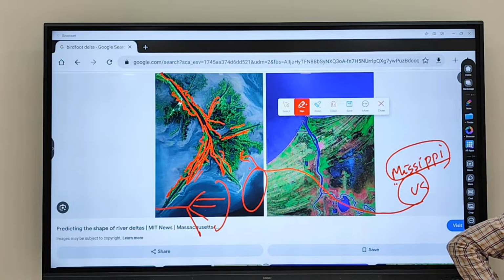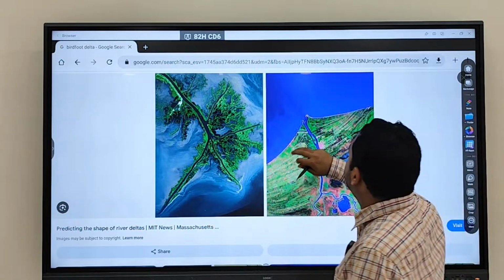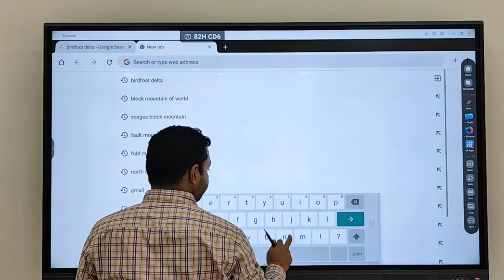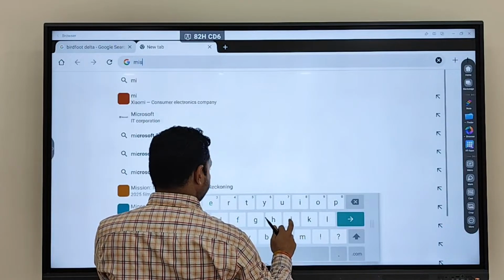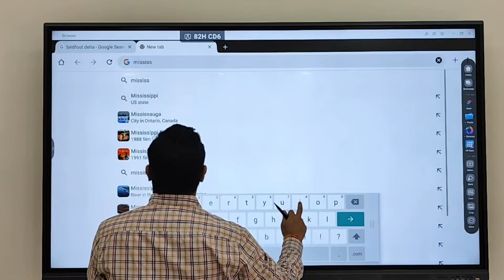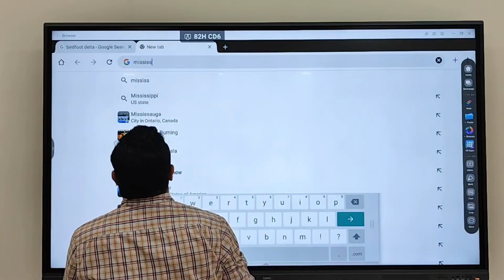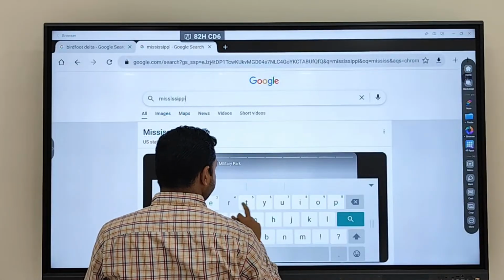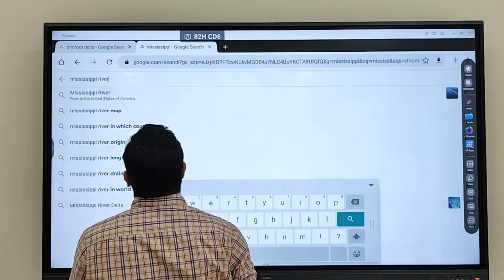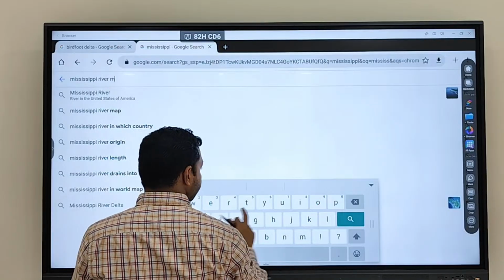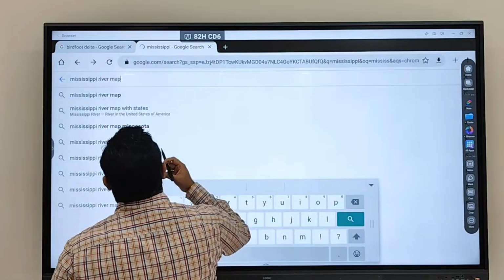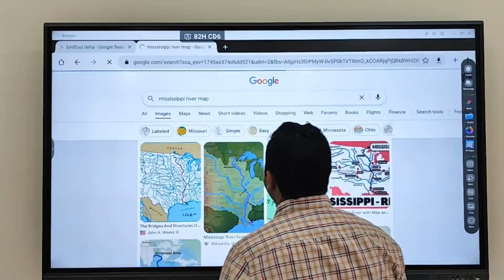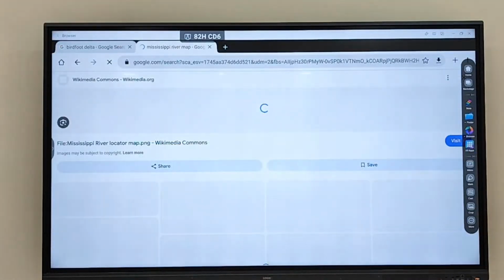So any doubt regarding this particular thing? So this is how you see the Mississippi River is flowing.